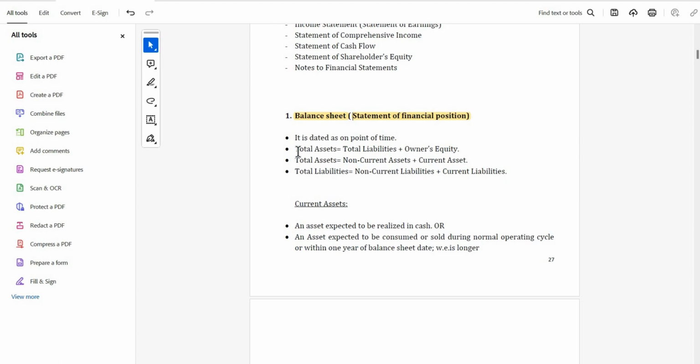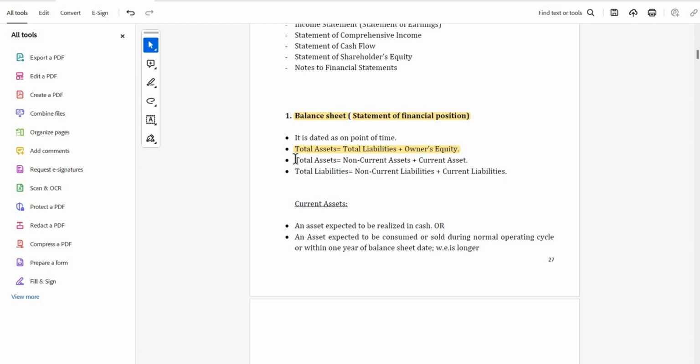Total assets, this is very important. How can we denote total asset? Total asset is equal to total liability plus owner's equity. Basically students make a mistake, they say total asset is equal to total liability. No, total asset is not equal to total liability. Total asset is equal to total liability plus owner's equity.